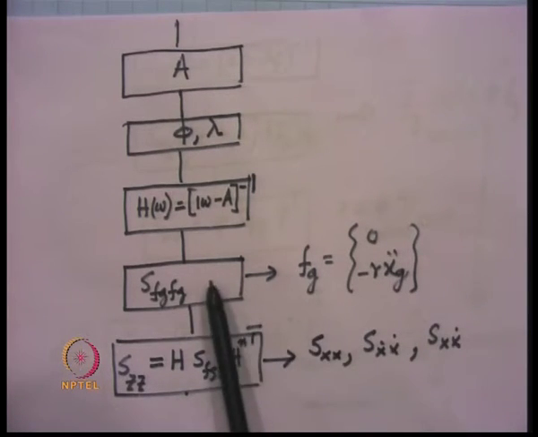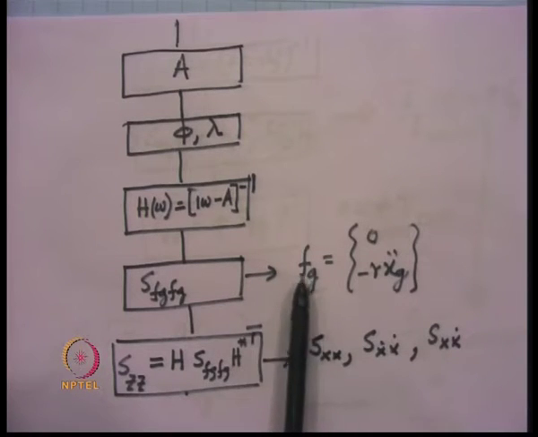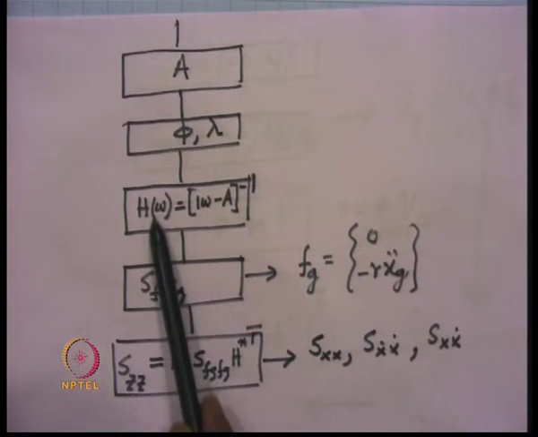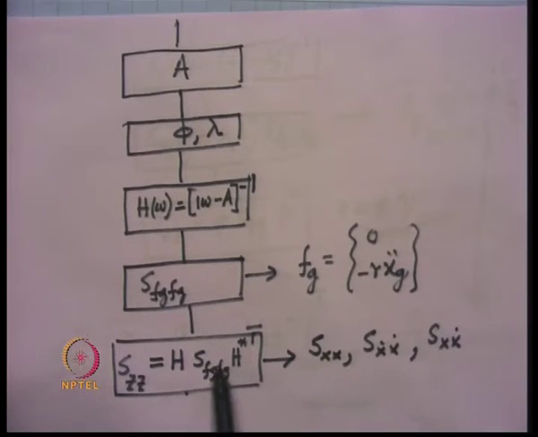So, we obtain that and store it, and then go for a direct analysis in which Szz is straight away obtained by using this frequency response function matrix and SFG matrix and the transpose of the complex conjugate of H matrix.